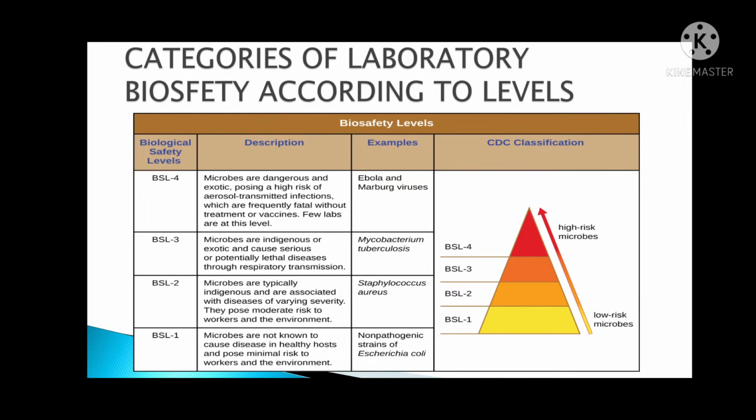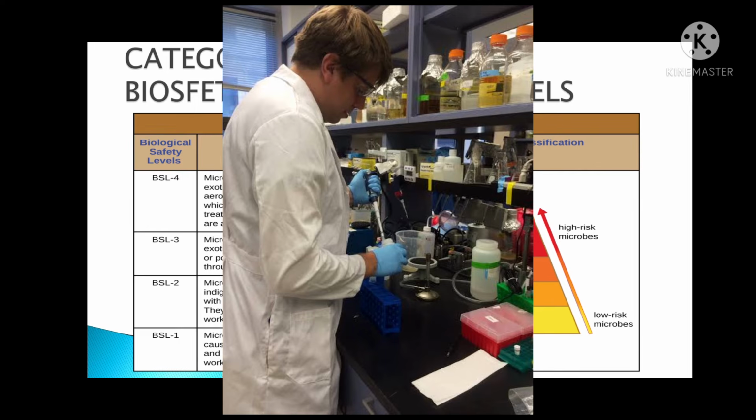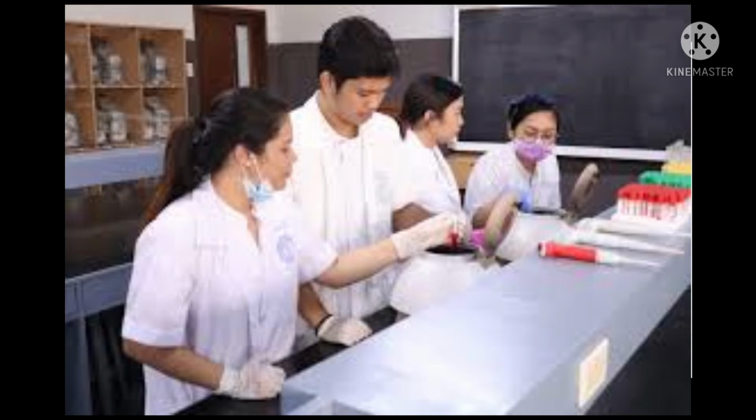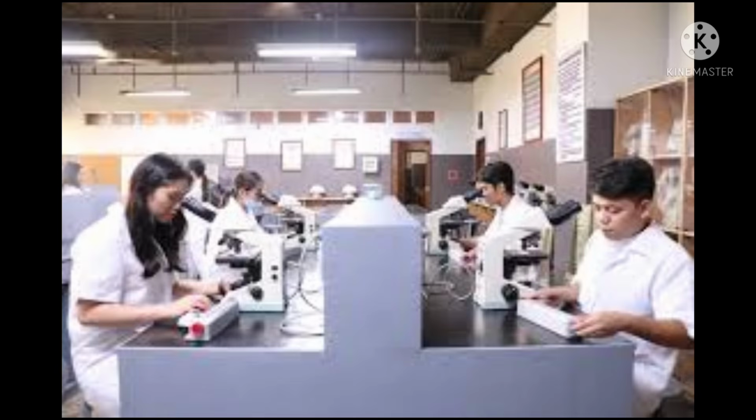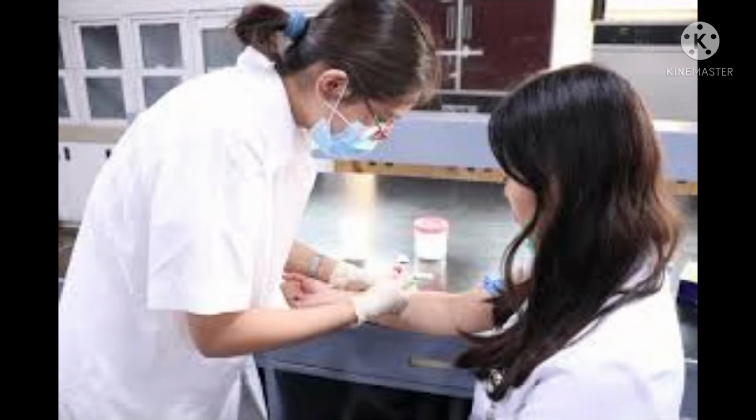This level is the most appropriate among undergraduate and secondary educational training and teaching laboratories that require basic laboratory safety practices, safety equipment, and facility design that requires a basic level of containment.